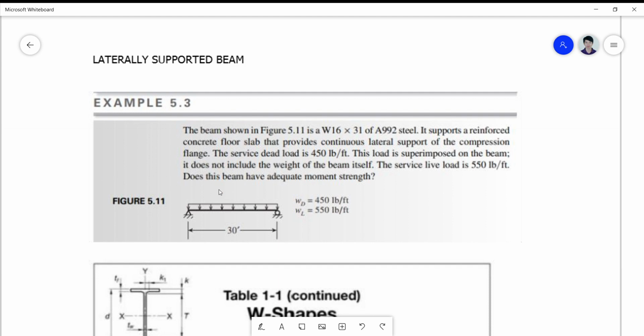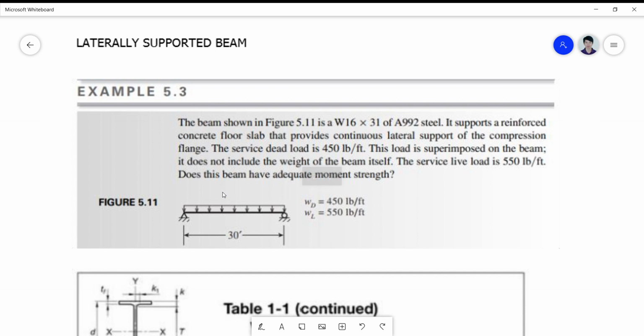We are just asked to check if the beam has adequate moment capacity or strength to withstand the load.